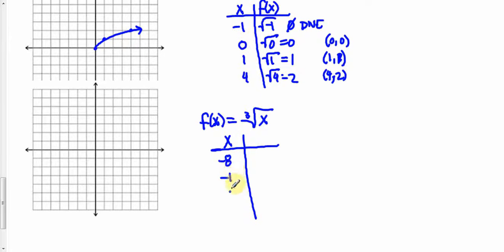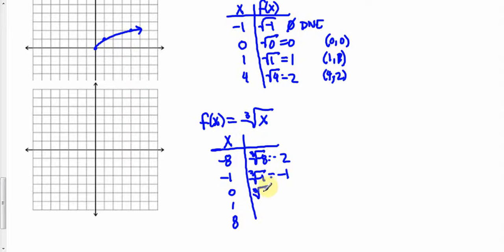I'm going to choose negative 1, and I'm going to choose 0, and I'm going to choose 1, and I'm going to choose 8. I could do more, but that's really enough. So the cubed root of negative 8 is negative 2. The cubed root of negative 1 is negative 1.